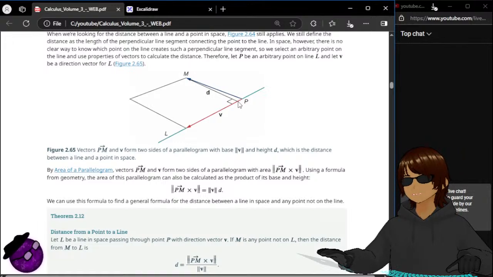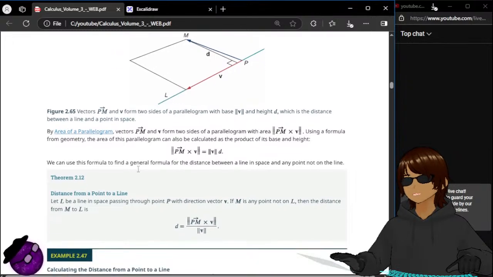So this is the shortest distance. P is a little bit ahead. So area for parallelogram, PM and V form the two sides of the parallelogram with the area of this. Using the formula from geometry, the area of this parallelogram can be calculated as a product of its base and height. So V times t.